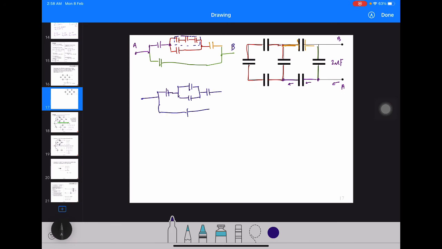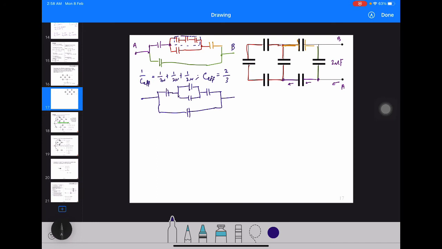So okay, if I want to calculate that one, because that one is in series, I can use 1 over C effective equals 1 over 2 plus 1 over 2 plus 1 over 2, because this one is 2 micro each. Okay, so it becomes 3 over 2. So my C effective here is actually equal to 2 over 3.